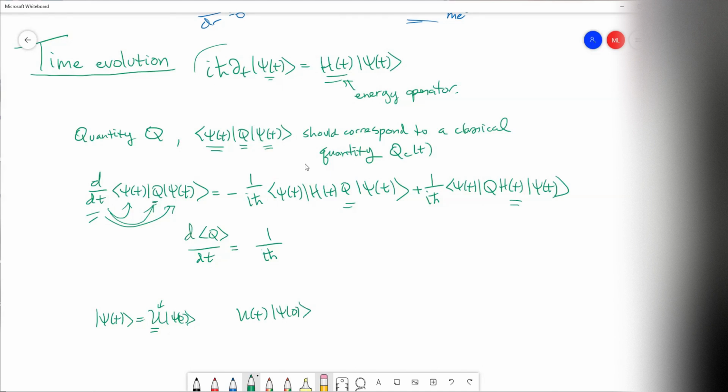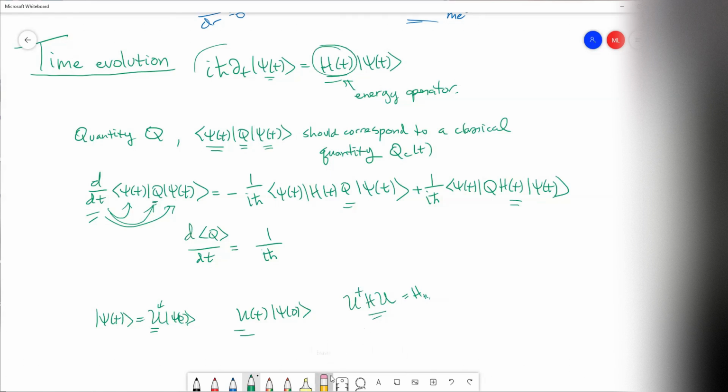And so you can interpret operators, instead of having this H of t, if you put back in the u's, you'll get basically u dagger H u, which you can interpret as an operator that evolves in time. And this is the Heisenberg picture version or whatnot.